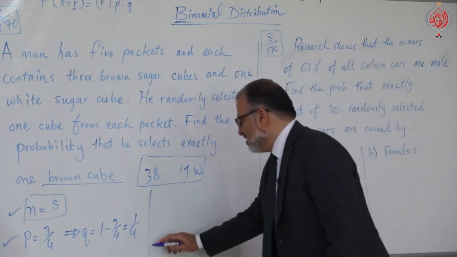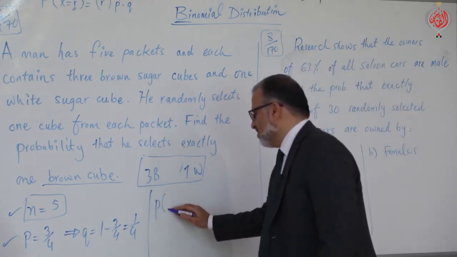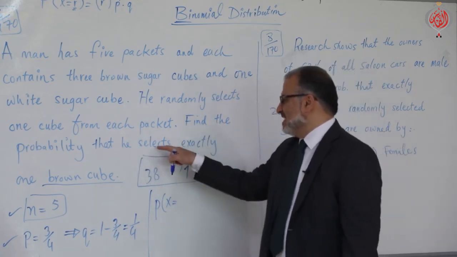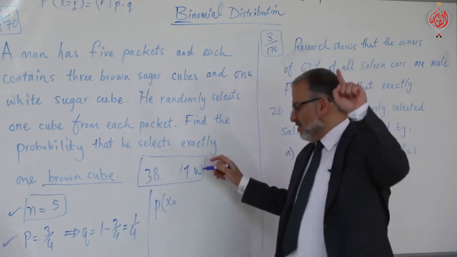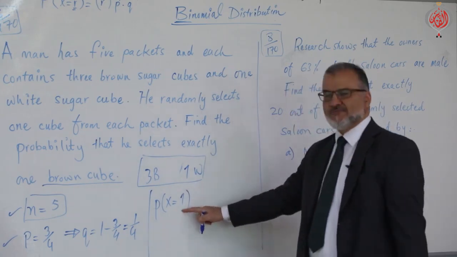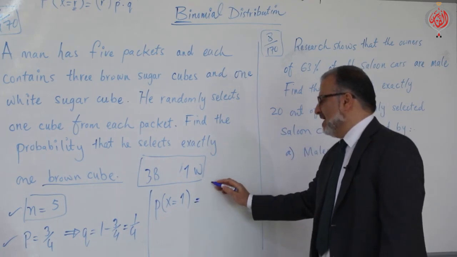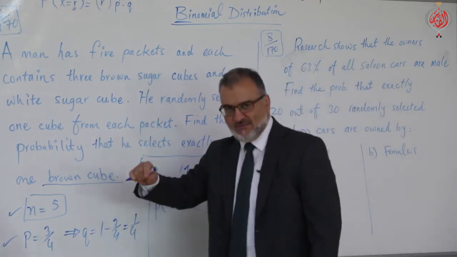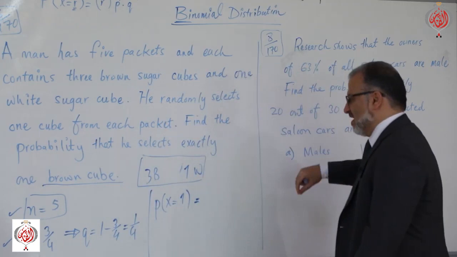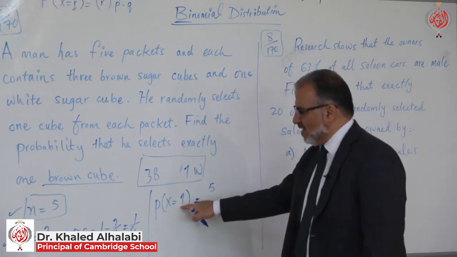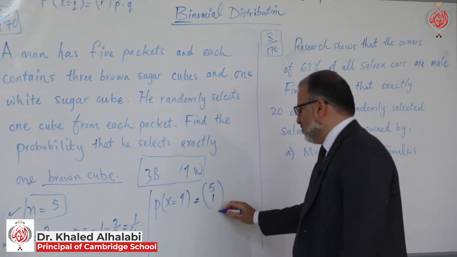So the probability of X equals what? Find the probability that he selects exactly 1 brown. So X equals 1. What is N? We said 5, because there are 5 selections, 5 total number of repeated trials. Combination 5 choose 1.